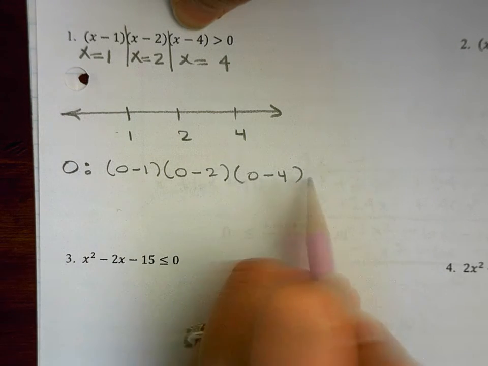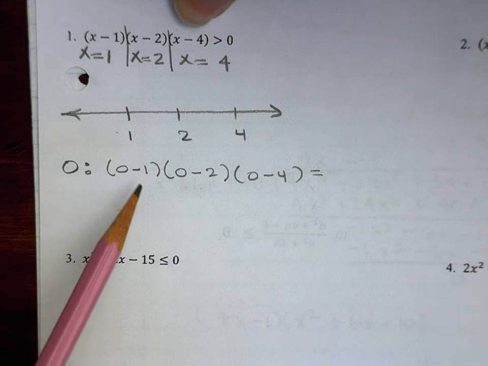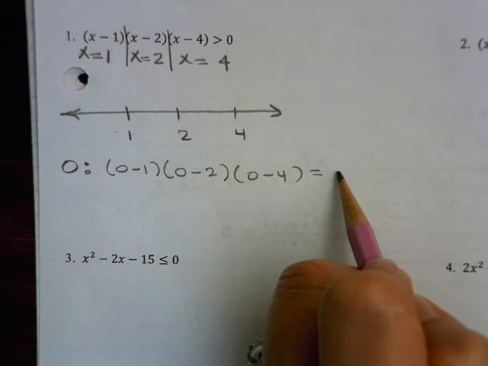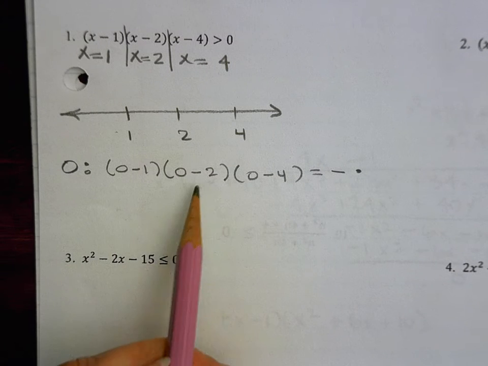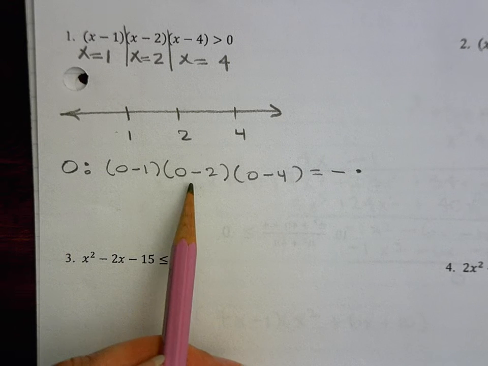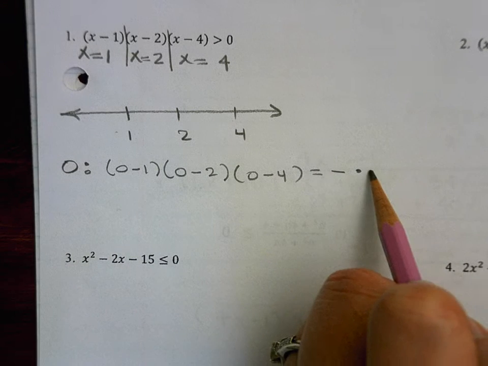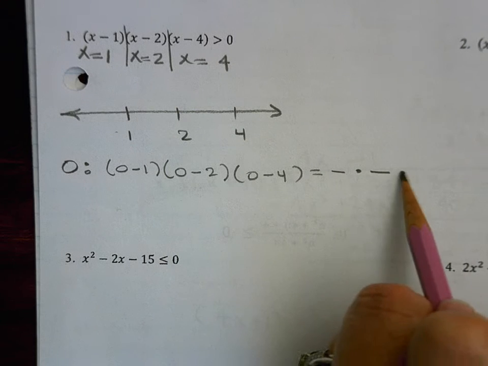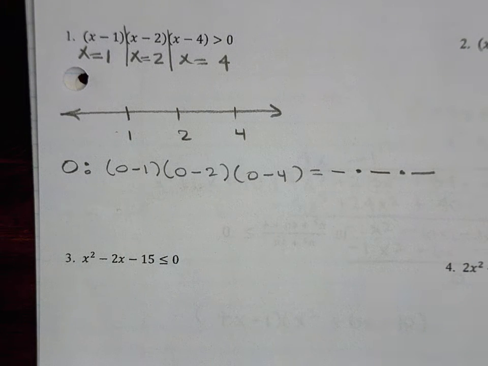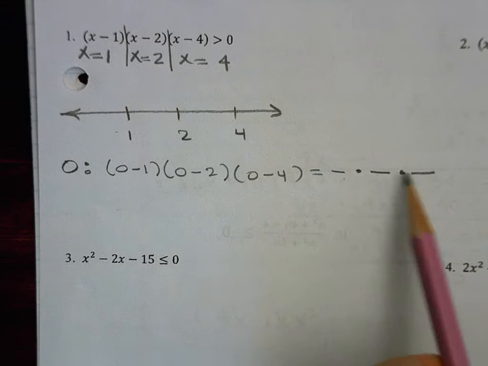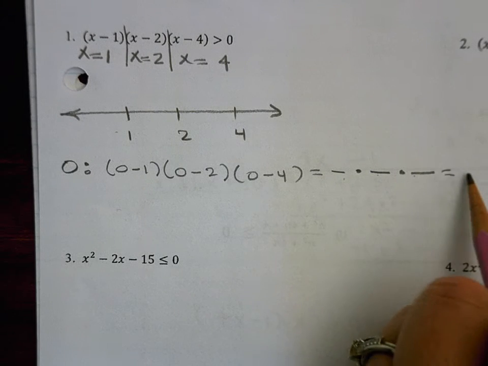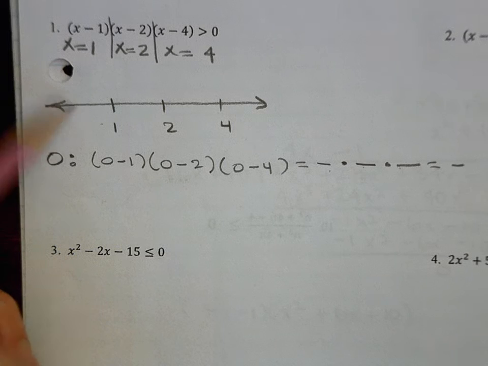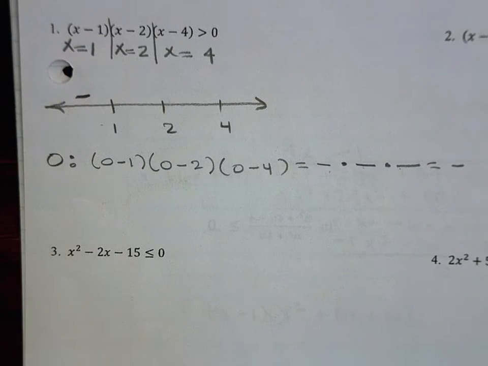When I look at that, this would give me negative 1, but I don't care that it's negative 1, I just care that it's negative. And 0 minus 2 is negative 2, so again I just care that it's negative. And 0 minus 4 is negative 4, again negative. So when I multiply 3 negatives together, I would get a negative answer. So no matter what number I substitute in smaller than 1, I would always get a negative value.